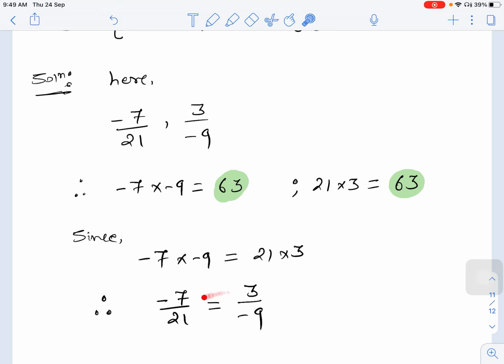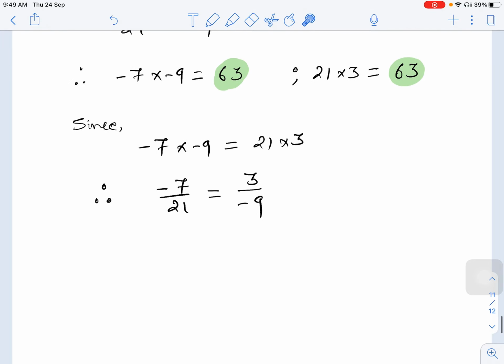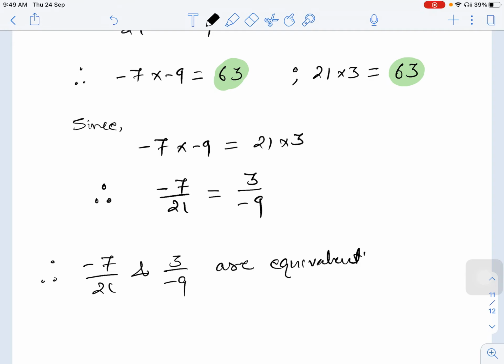Now since these both are equal, so we can say that these numbers are equivalent. Okay, so therefore minus 7 upon 21 and 3 upon minus 9 are equivalent. Okay, if this does not come equal, so we will write here these are not equivalent.